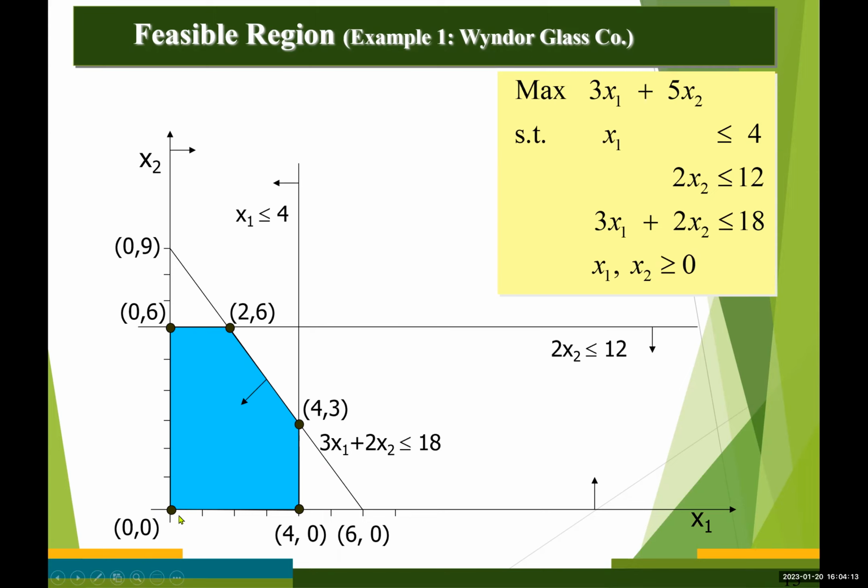You remember last time I mentioned that in linear programming, extreme points are the corner points. Because if the feasible region is a polygon like this, the extreme points of the feasible region will be the vertices or the corners of the polygon all the time in linear programming.